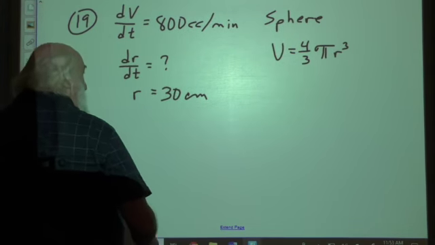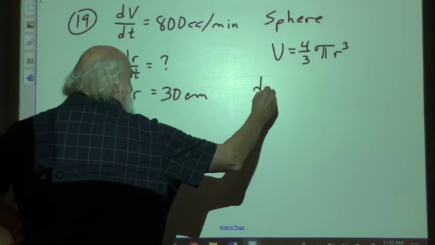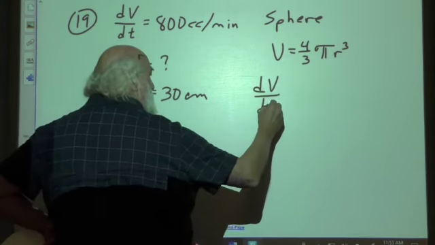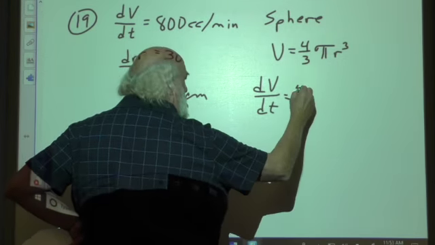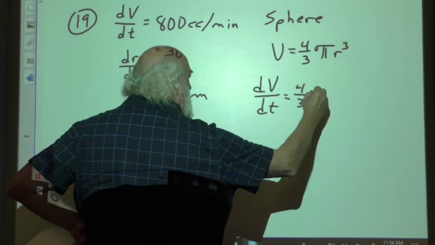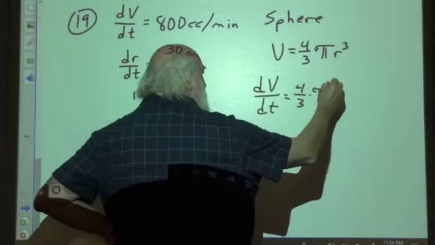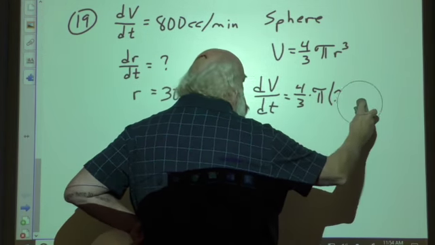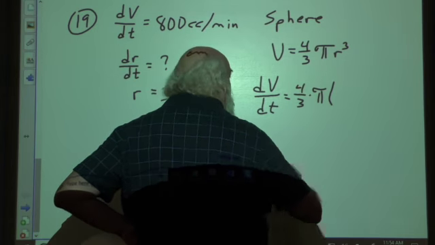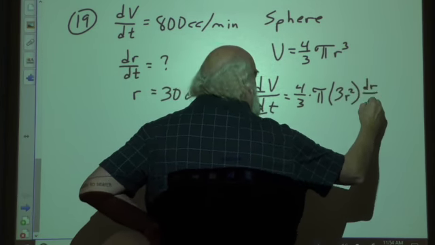So let's go ahead and do that right now. Let's take the derivative of that, dV/dt. These are both constants, but they're multiplying, so they'll come out like so. And then the derivative of r cubed is going to be 2, no, I keep doing it, 3r squared dr/dt.